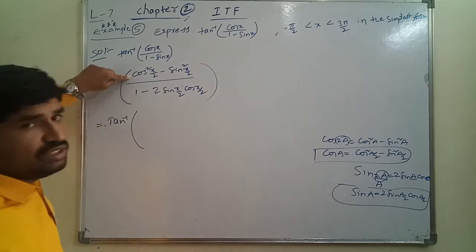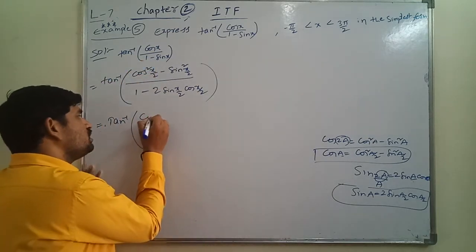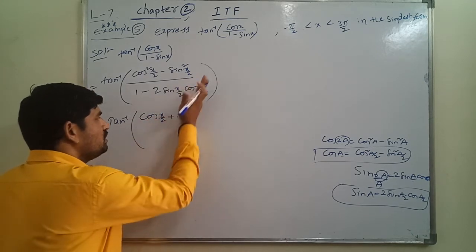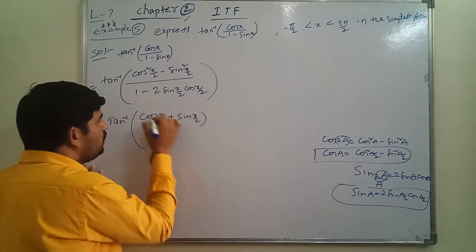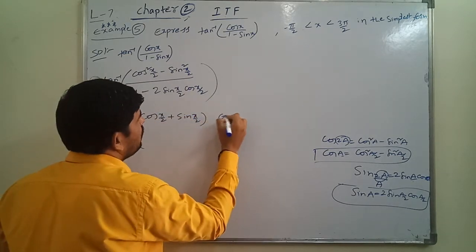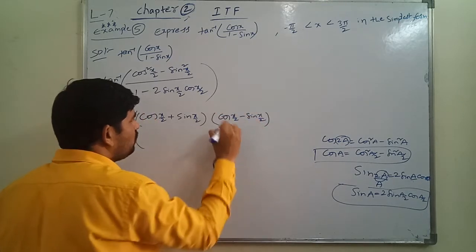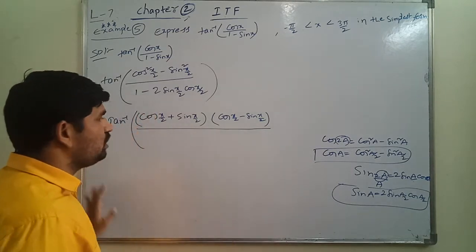See the numerator, a square minus b square. A square minus b square is nothing but a plus b into a minus b. Yes, this is the basic formula or not? A plus b into a minus b, and the denominator I will make a little bit of changes.